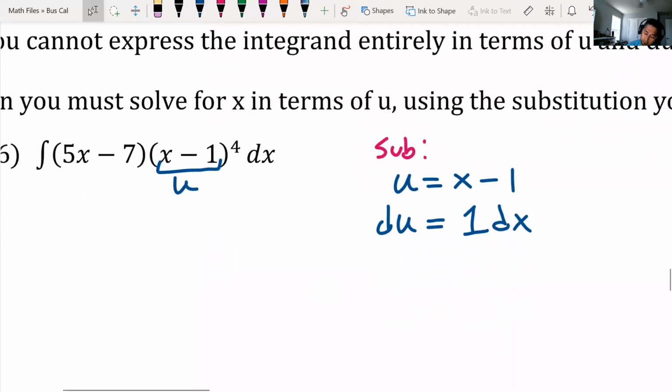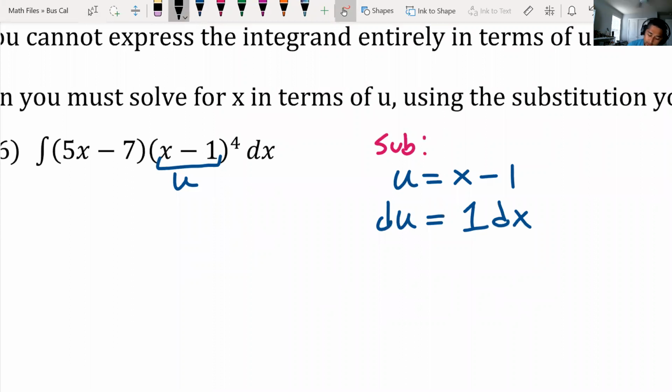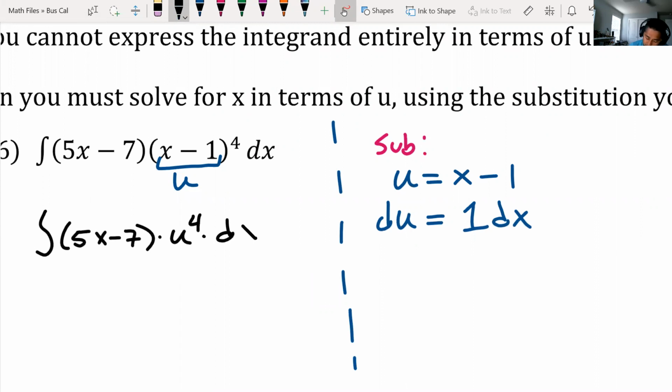Okay. And now let's look at our integral. Here's what we have. We have the integral of 5x minus 7 times u to the 4th dx. Well, one thing we know already is that we can make a substitution for dx.